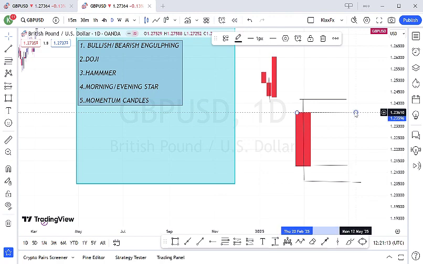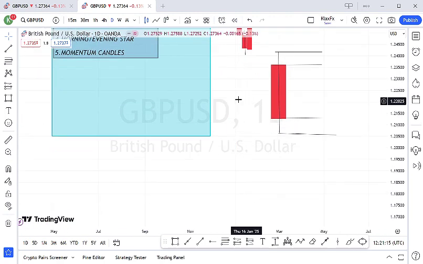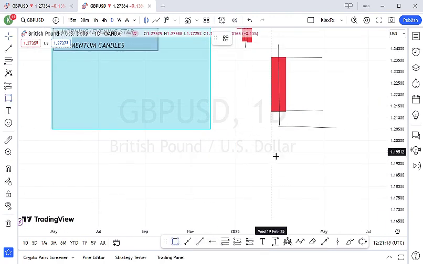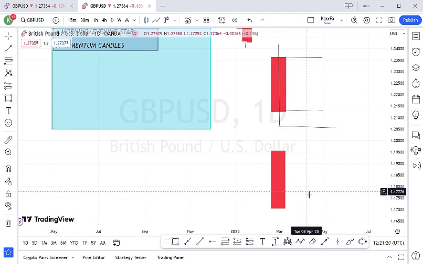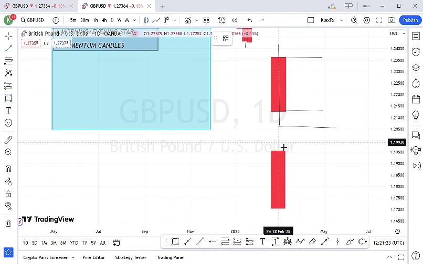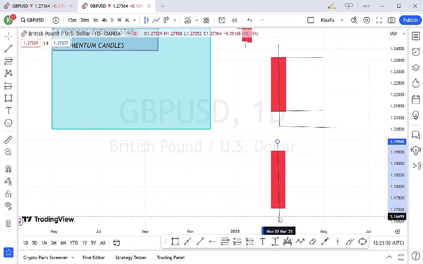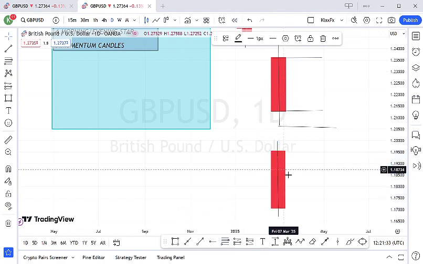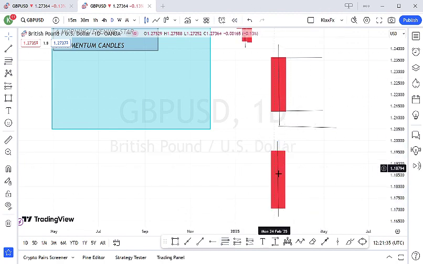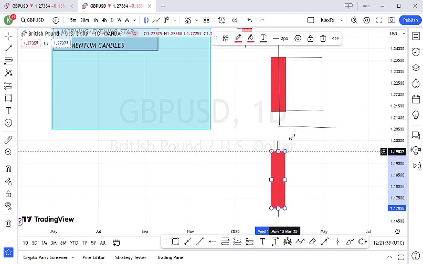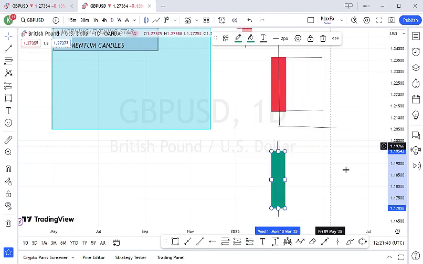Now let me do it for a bullish candle. For a bullish candle, you have something like this. I'm going to change the color to green.